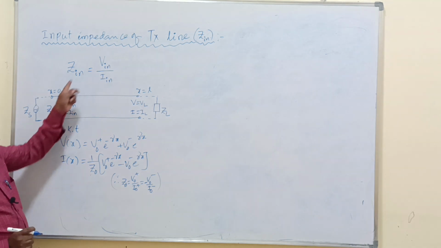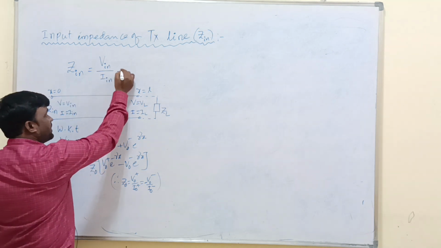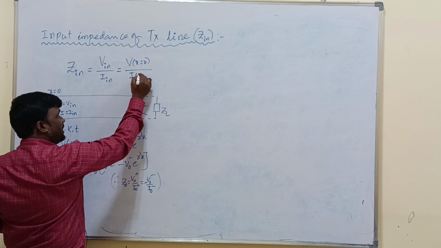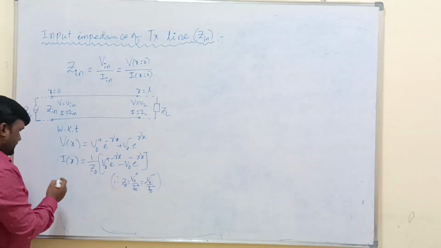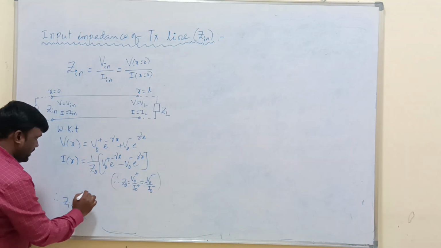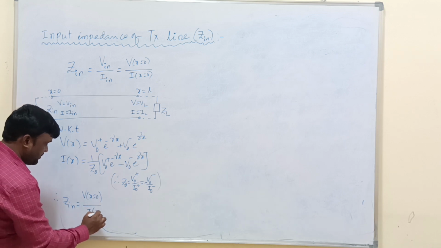What we require is Zin. Zin is Vin by Iin. Vin is V of x equal to 0, and Iin is I of x equal to 0. Therefore, Zin is equal to V of x equal to 0 divided by I of x equal to 0.